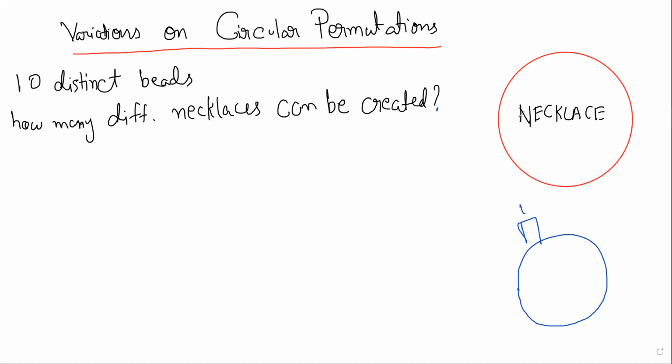But in the case when the chairs were unlabeled, there were also 10 different people, but then it was not 10 factorial. Here it is 10 distinct beads, but there is no notion of slots, or the slots are not different. So in fact, this is like the chairs being unlabeled, because the slots are not different.